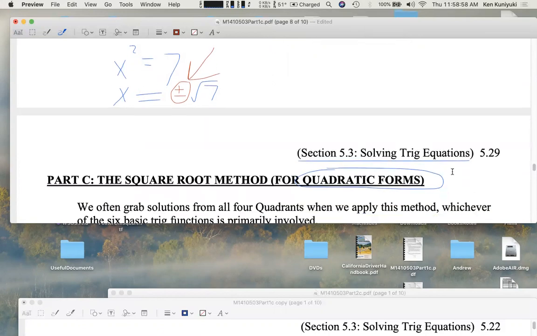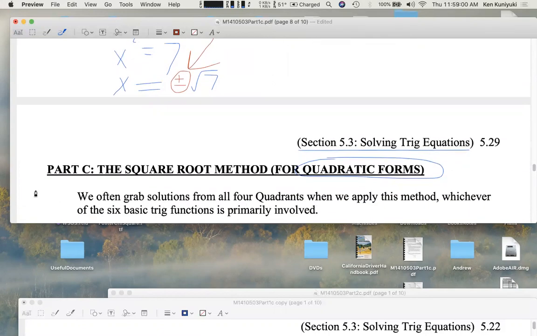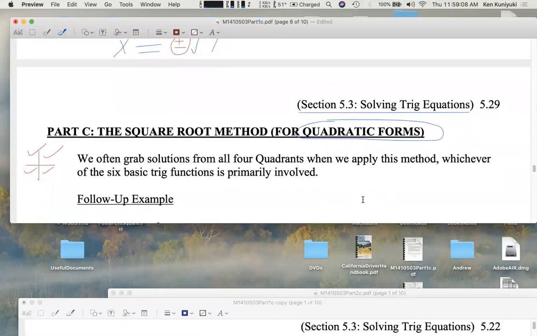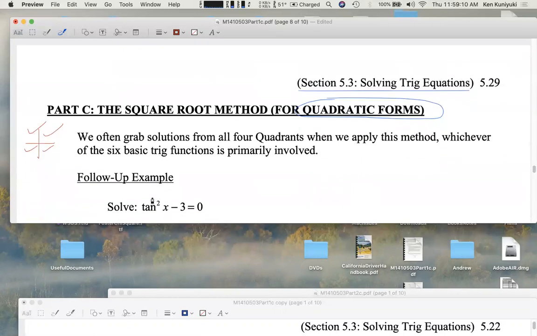And incidentally, for many of these problems, we often grab solutions from all four quadrants. Not always, but we often get solutions in all four quadrants, as will be the case in our next example, which followed up on the last one we did last time. Tangent squared of x minus 3 equals 0.